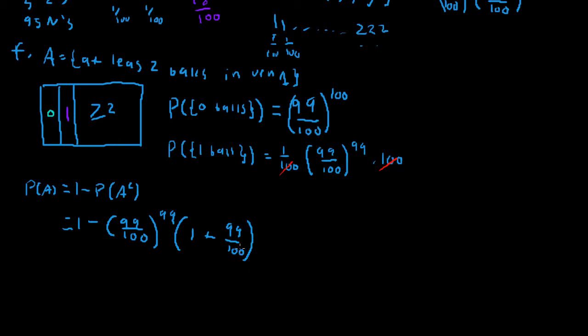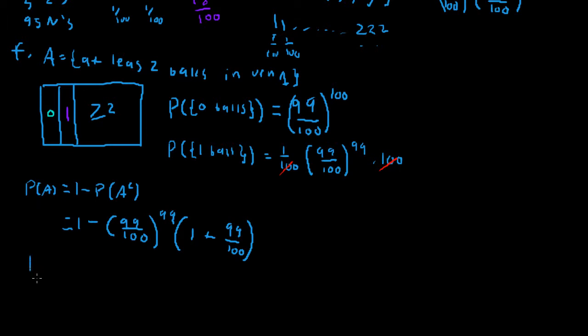All right, we're making progress here. This is the probability that we got at least 2 balls in the first urn. And can we simplify this? Probably, but let's come back to that.